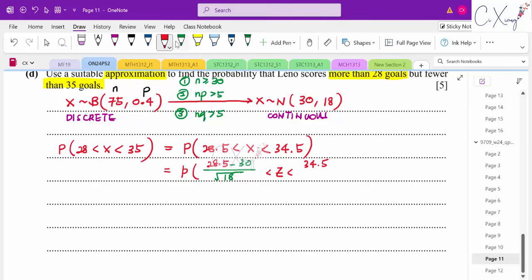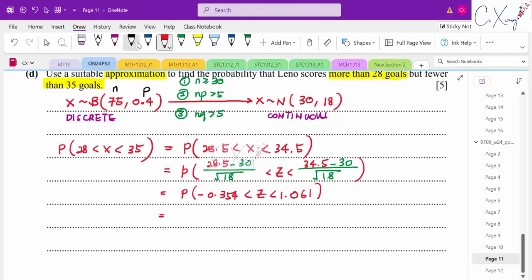You have to minus the mean, divided by the standard deviation as well. So you use the calculator to help you a little bit. If you don't make any careless mistake in the calculation, you should have negative 0.354 and 1.061. You can see that I try to keep my value of z in 3 decimal places.